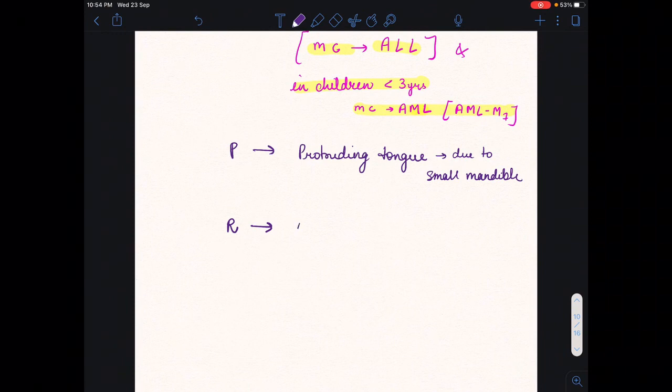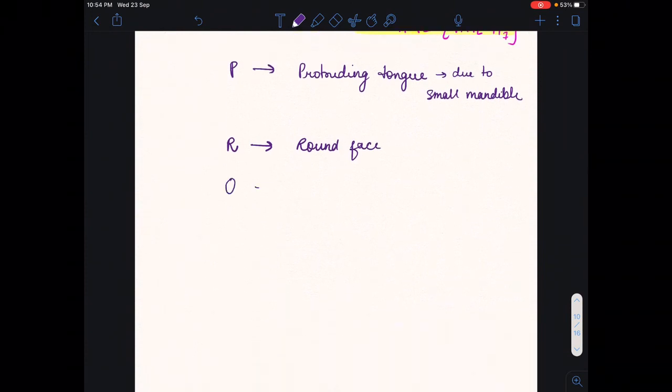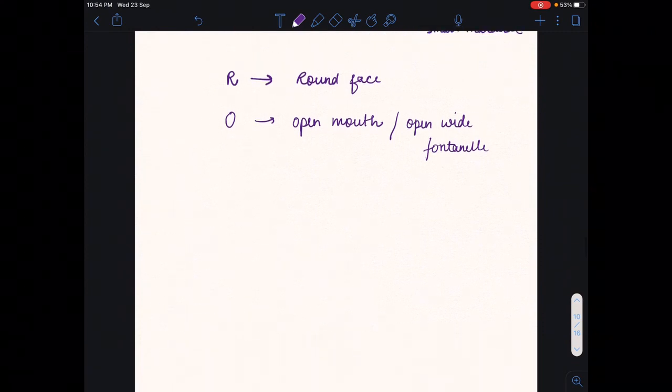R for round face. O for open mouth, or open wide fontanelle.